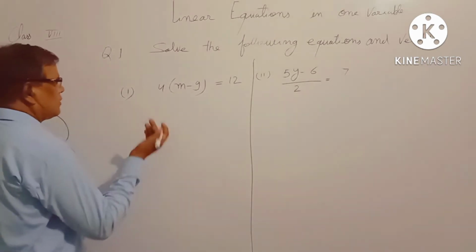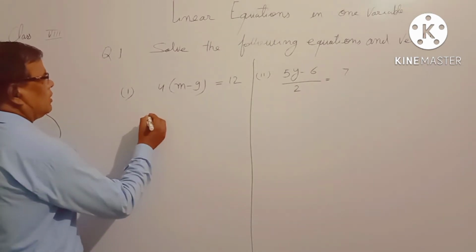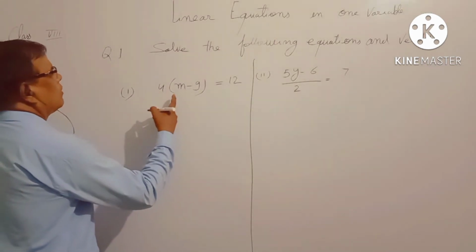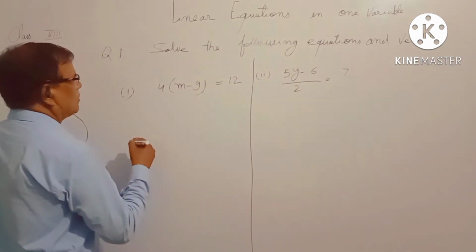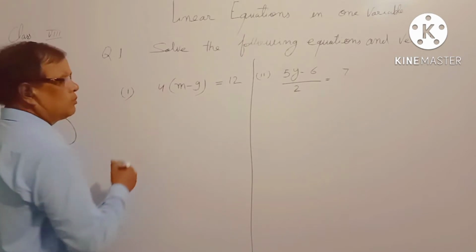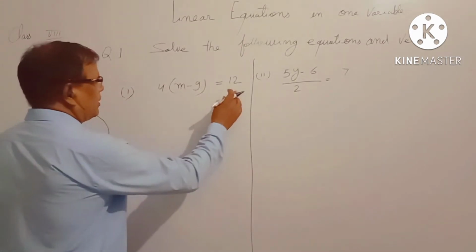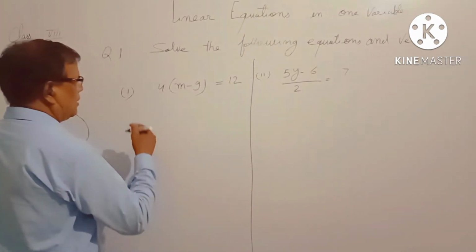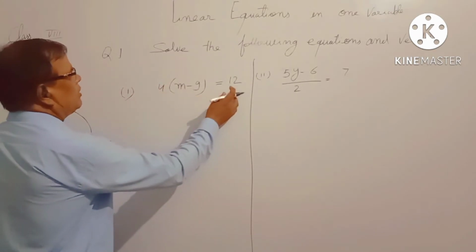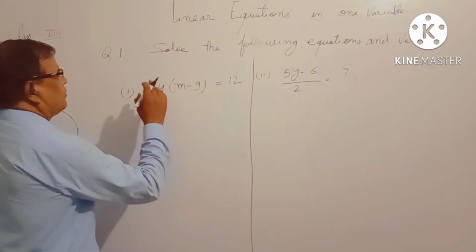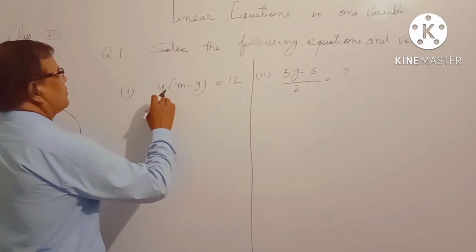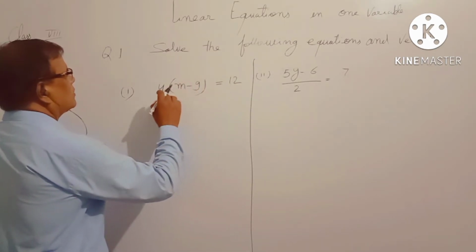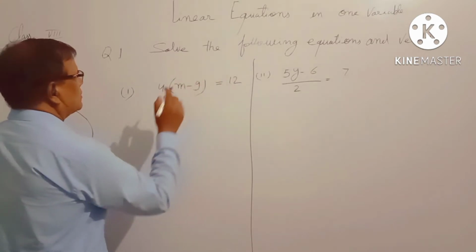Here is given 4 in the bracket m minus 9 equal to 12. Because here it is multiplication, we will divide, and where there is division, we multiply. If here is plus, then we minus; if it is minus, then plus.